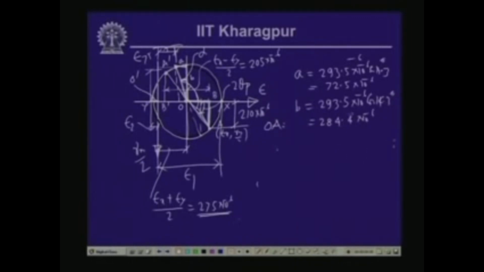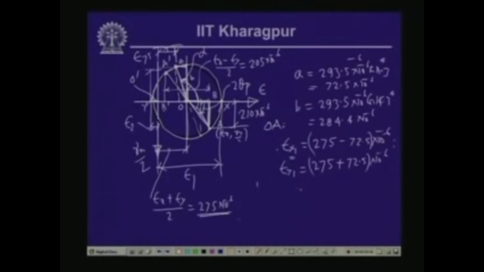So, once we know a and b, then epsilon x1 is equal to the distance o dash minus a. Now, distance o dash is 275 minus 72.5, which will give us the value of epsilon x1, and epsilon y1 will likewise be 275 plus 72.5 into 10 to the power minus 6.